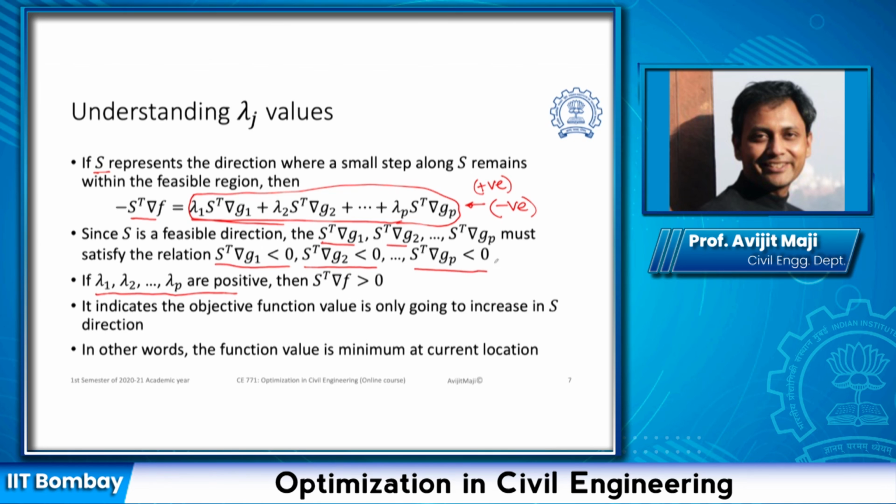If they are positive, the right hand side, as I indicated, is going to be negative, and if it is negative, my sign of the left hand side is matching, which means this has to be positive. So the objective function value is only going to increase in the S direction. We have chosen the S direction, and in that direction my objective function value is going to increase because this part is supposed to be positive.